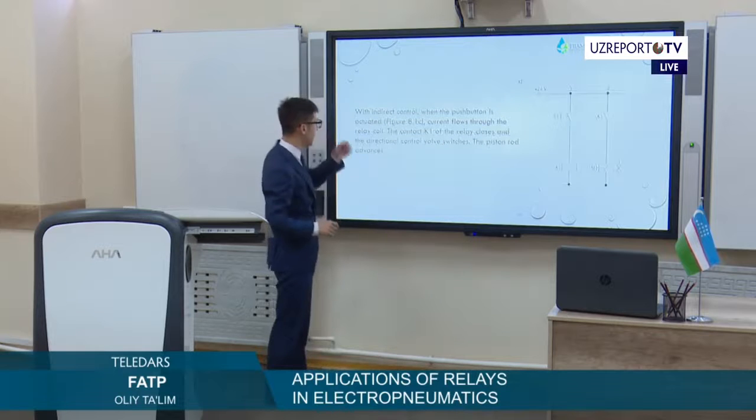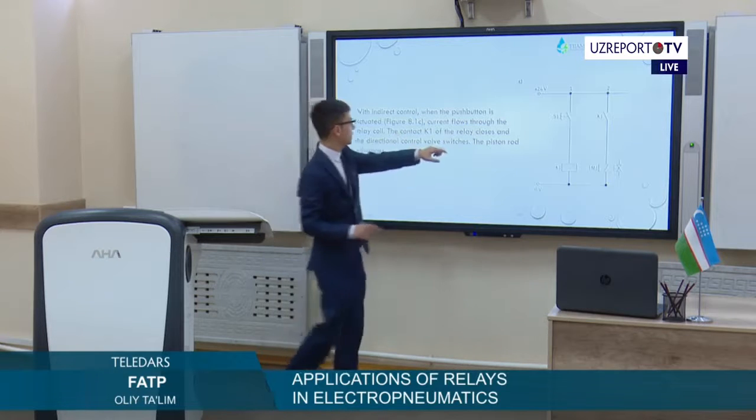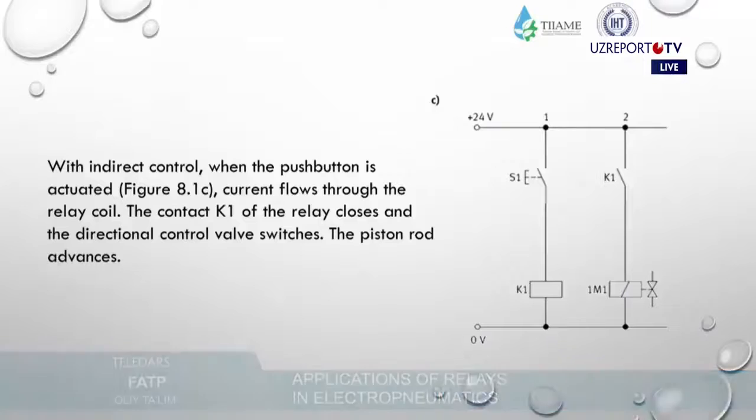In C1, again, give importance to the contact of K1, which is shown here. K1 is a relay that closes, and it directly controls the switch, and the piston will advance. If K1 is now closed but the voltage is not enough to work, the processes don't start.